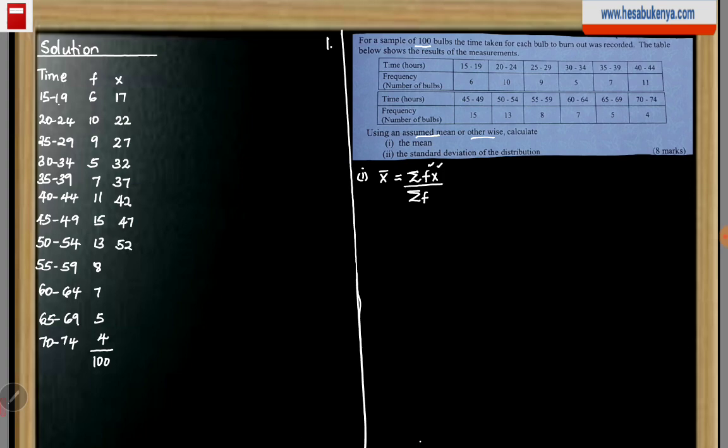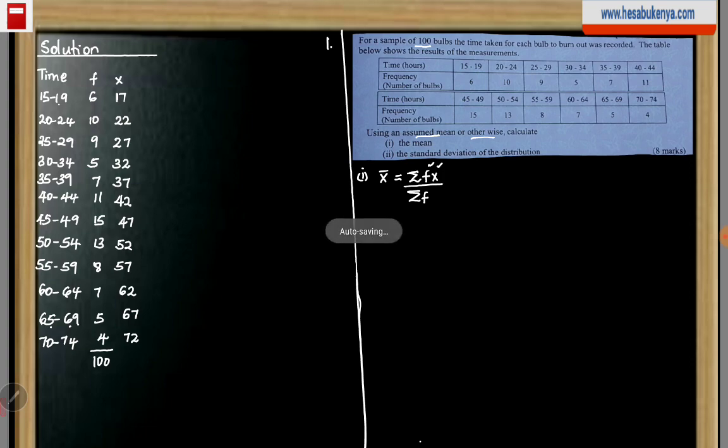Then 55 plus 59 divided by 2 is 57. Then 60 plus 64 divided by 2 is 62. Then 65 plus 69, divide by 2, 67. Then 70 plus 74, divide by 2 is 72. Now that is the value of x, which represents the midpoint.